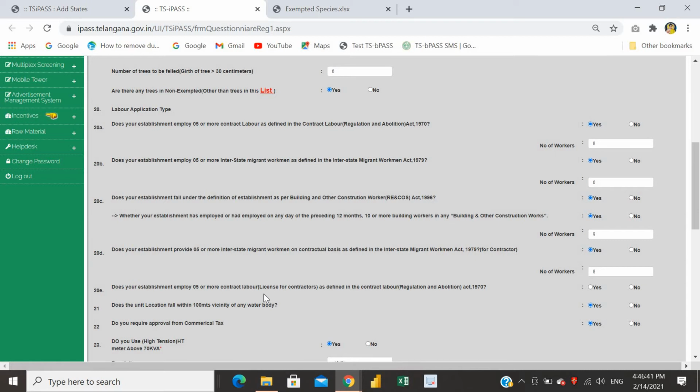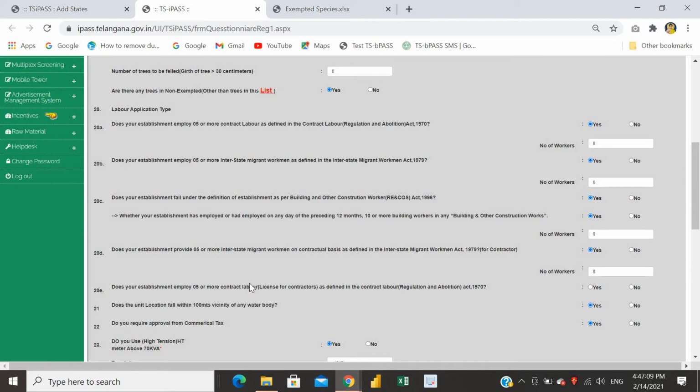Here also two approvals are given, that is the certificate of establishment and the license for engaging interstate workmen in the establishment. Then the Buildings and Other Construction Workers Act. Here we give only one approval, that is the certificate of establishment. Totally five approvals are given under the labor department during the establishment stage in our TS-iPASS portal.